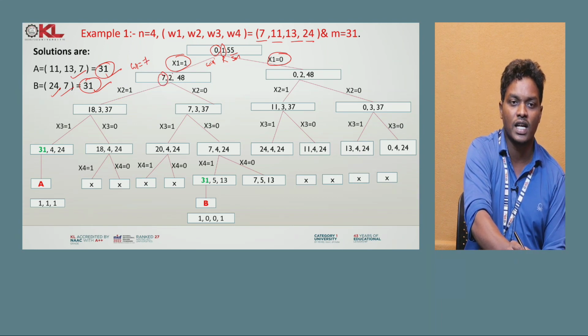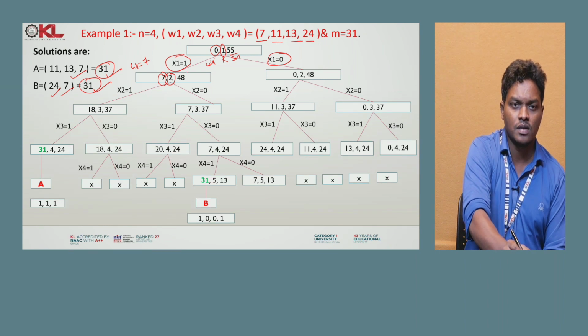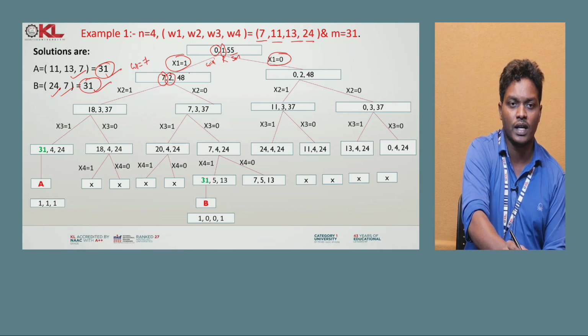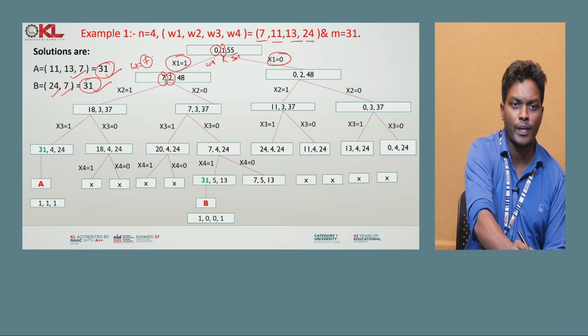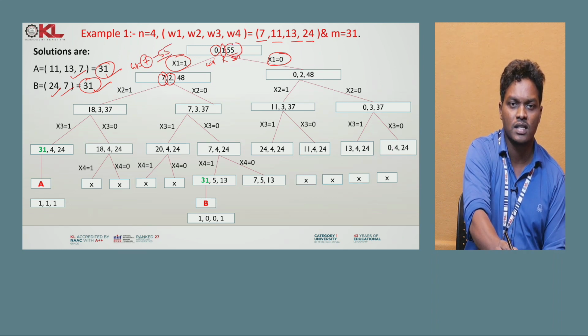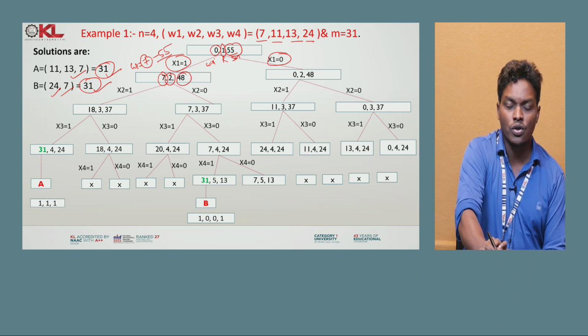Next, k plus 1: previously node 1 was there, so 1 plus 1 is 2. Next, we should not consider the weight here, so initially 0.